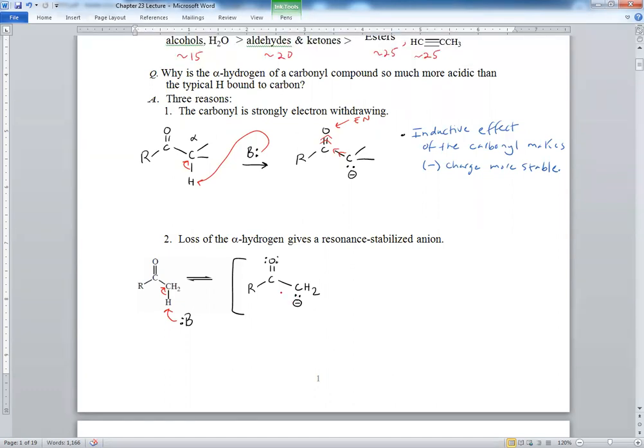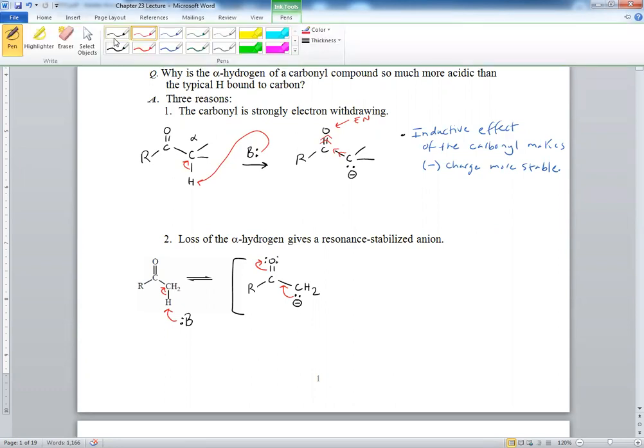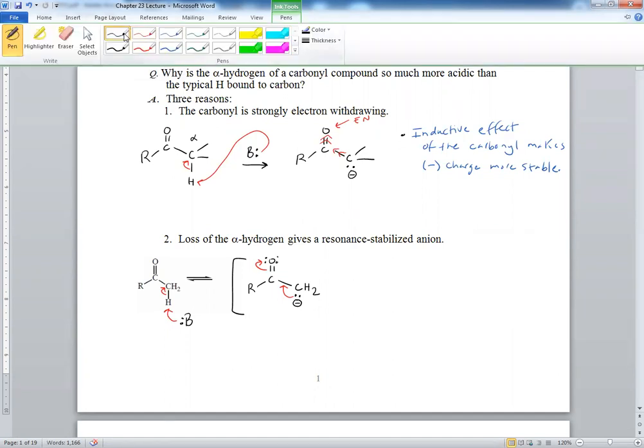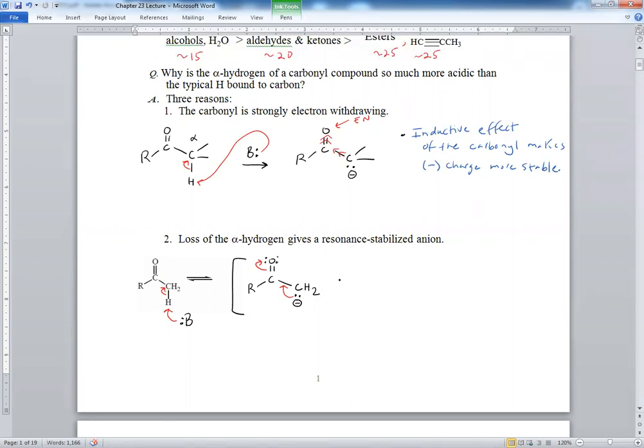With resonance, these electrons are going to shift in between, and then the pi bond in the carbonyl will break, shifting the electrons to oxygen. So here are resonance arrows. Remember that.